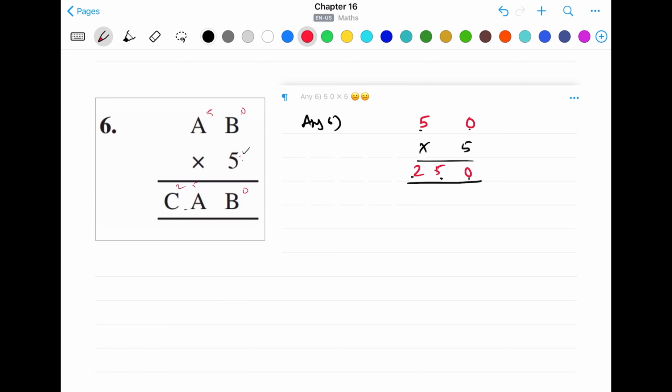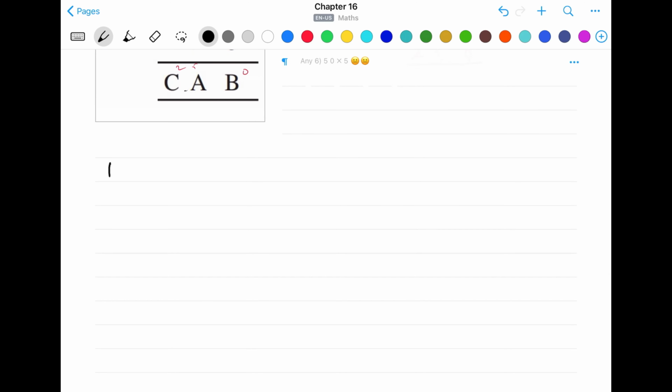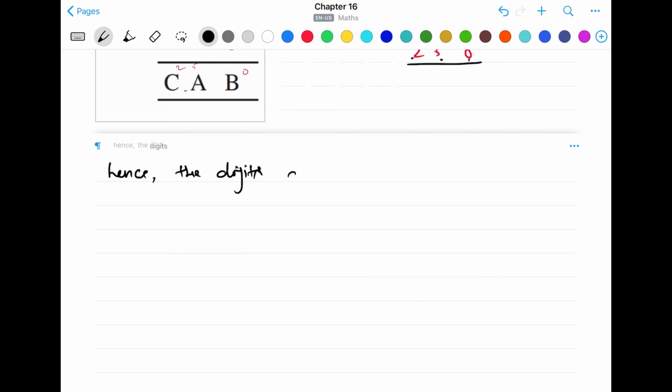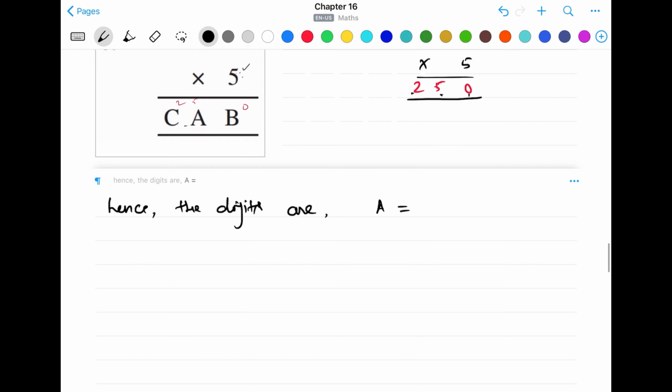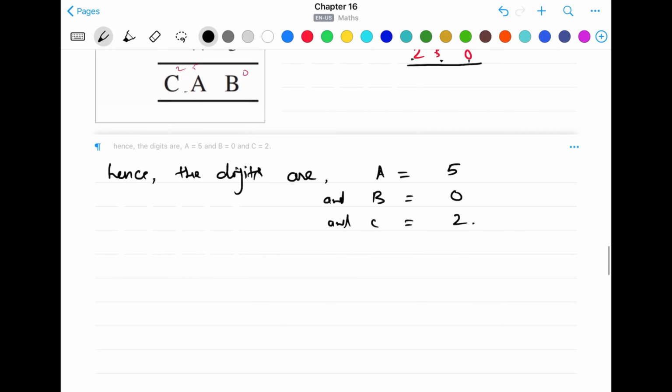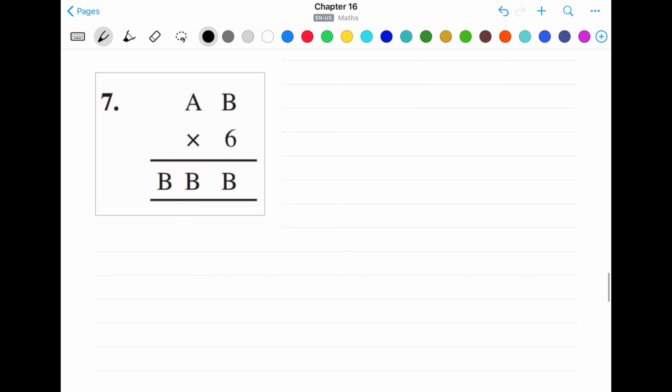So we'll write, hence the digits are A equals 5, B equals 0, and C equals 2. So that's our result. Now moving to the next one, we have question number 7.